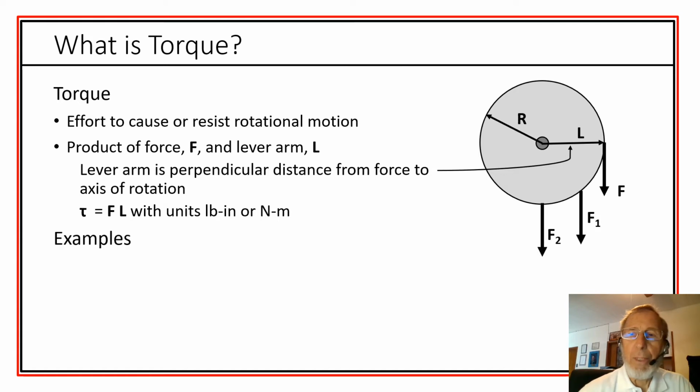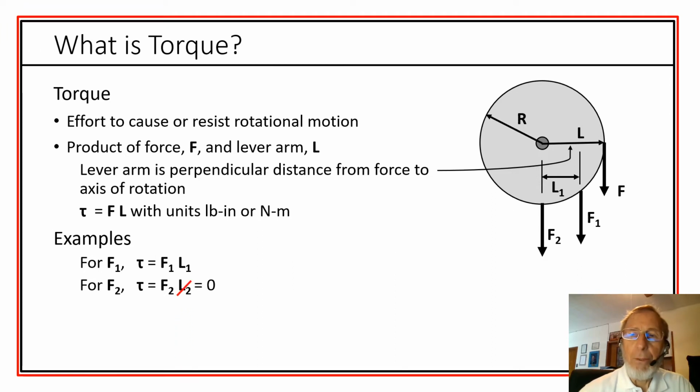A couple of other examples we could look at. We take a look at the force F1. Notice that its distance from the rotation is designated by a lever arm L1. So its lever arm is shorter than the lever arm for the initial force we were looking at. And its torque about the center is equal to F1 times L1.